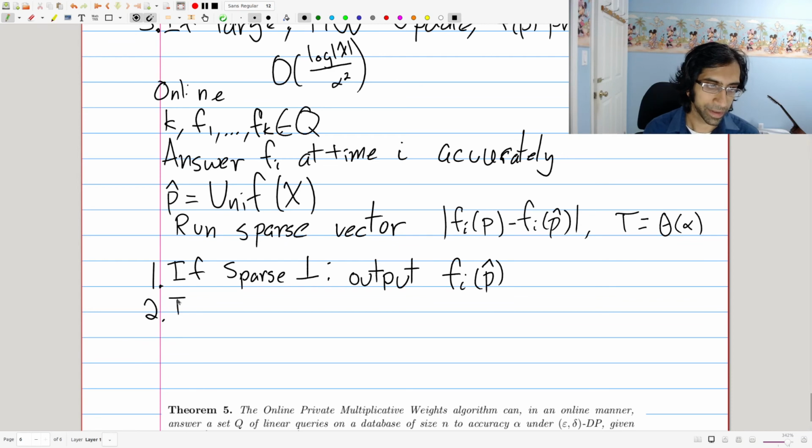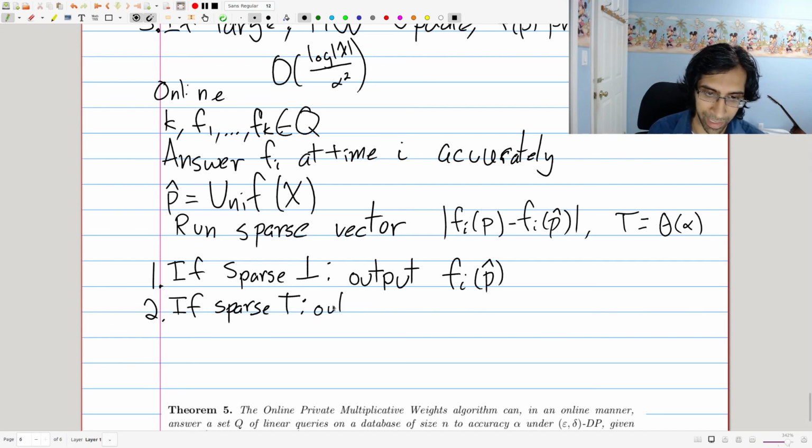So then, on the other hand, if sparse is equal to top, then we have a large error with respect to the data set. So what we do is we want to output the correct answer.